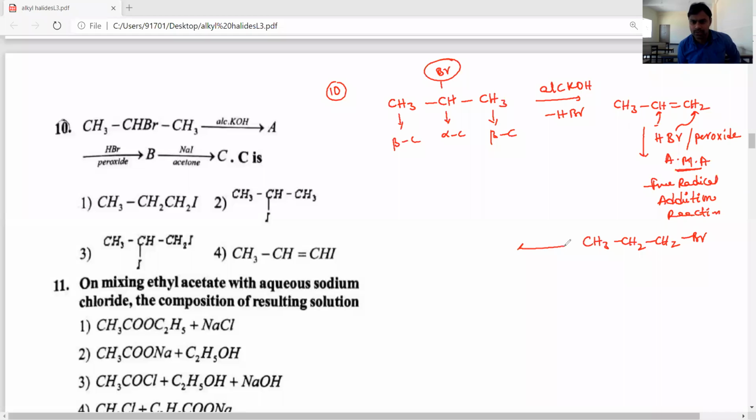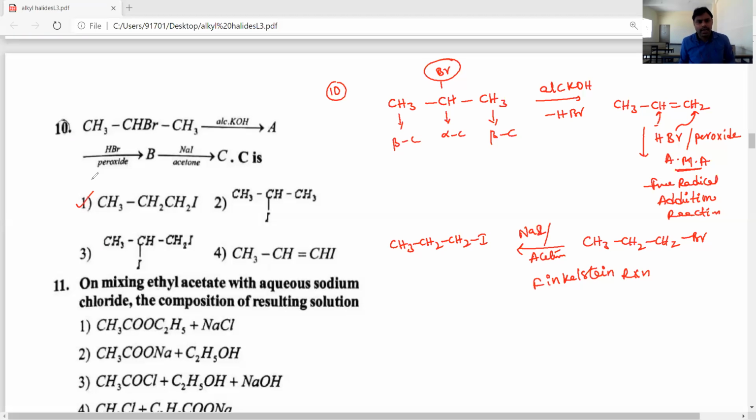Then this is treated with sodium iodide in acetone. Sodium iodide in the presence of acetone means the Finkelstein reaction. So what is the product? Halogen exchange, so 1-iodopropane will be the product: CH3 CH2 CH2 I. So the first option.